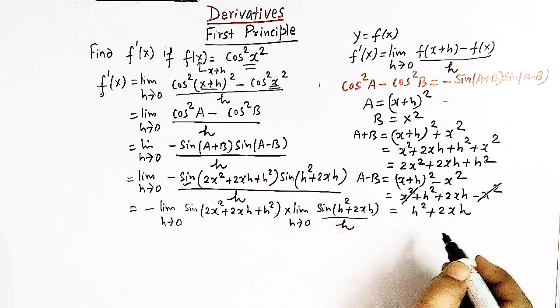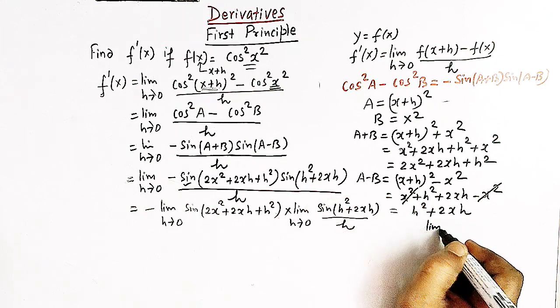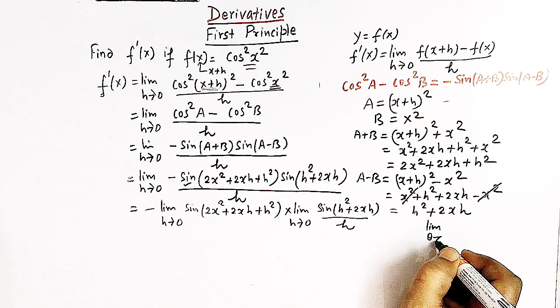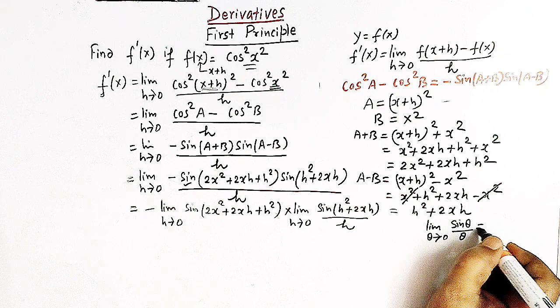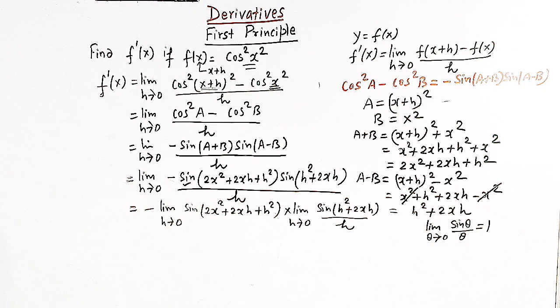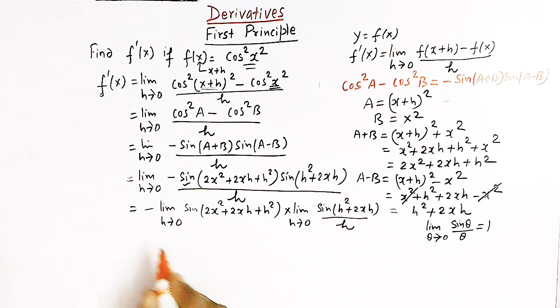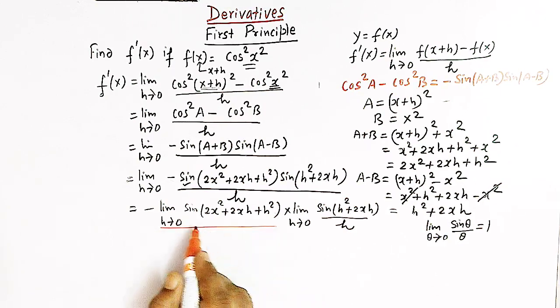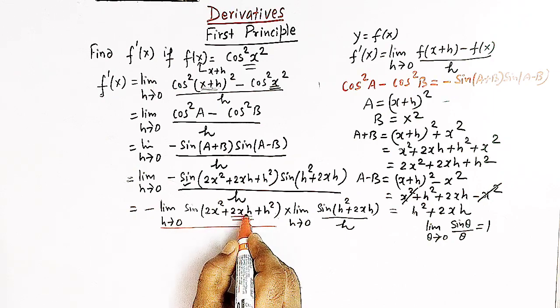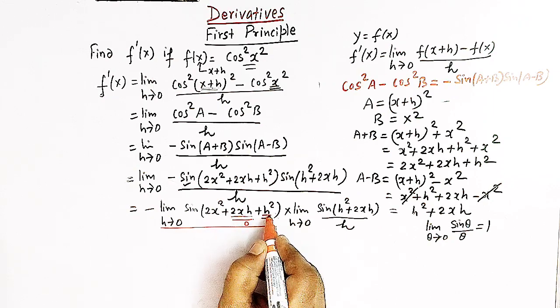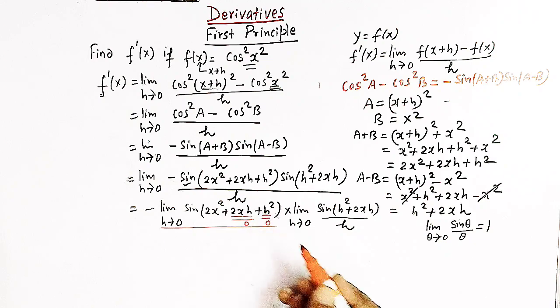Because here we are going to utilize this important result, that is limit theta tends to 0, sine theta over theta is equal to 1, right? So now let us first take this one. So here when h tends to 0, then this term becomes 0, and also this term becomes 0, right?